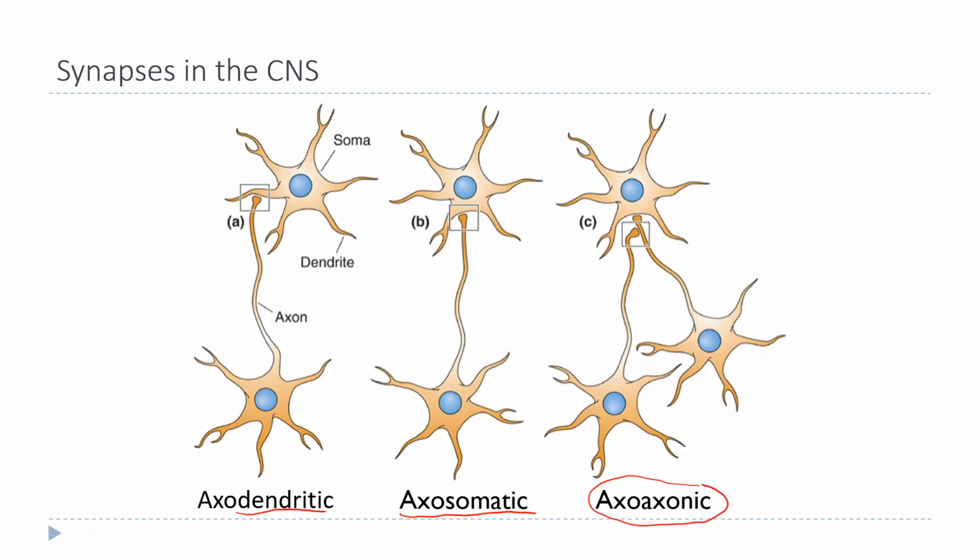So that's just where you have a synapse between an axon and another axon. And there are even more complicated situations. There are even neurons that synapse with themselves. So an axon can branch and turn around and connect with its own cell body or its own dendrites.